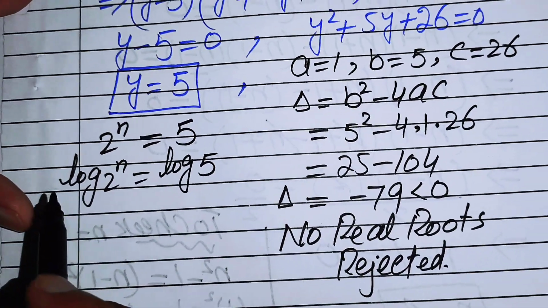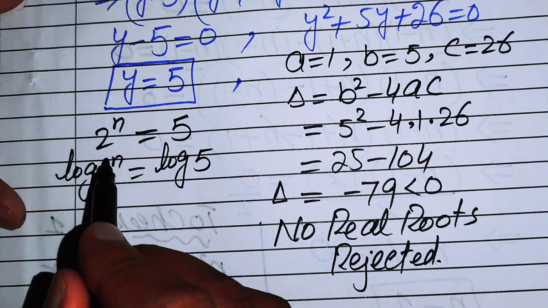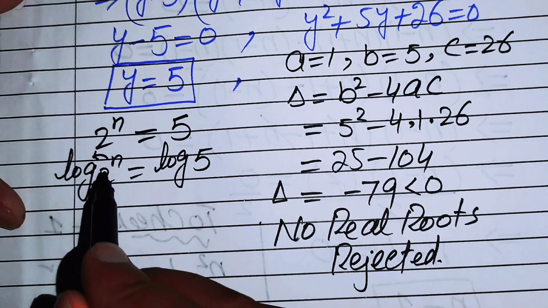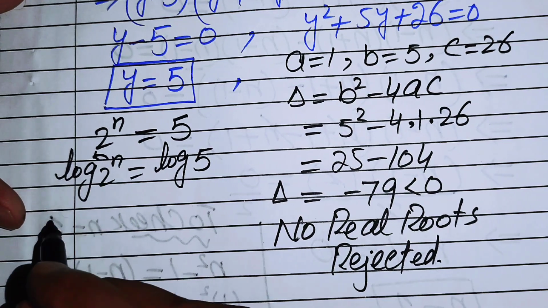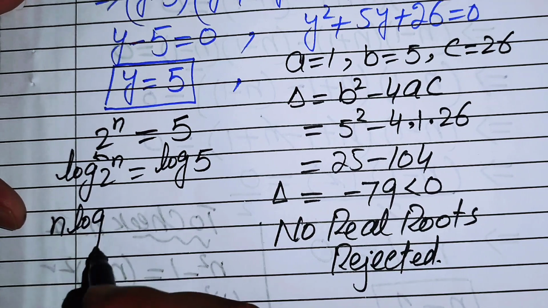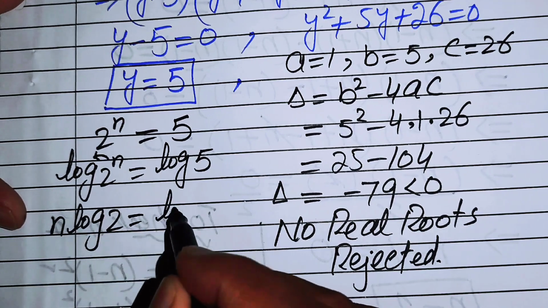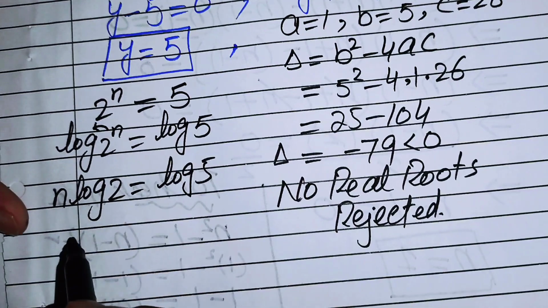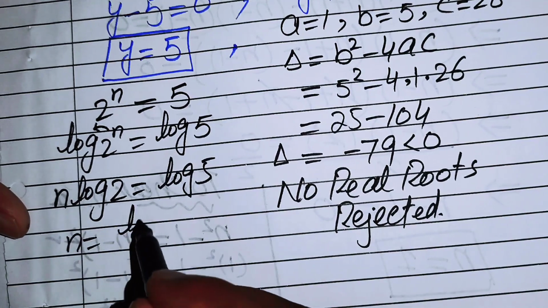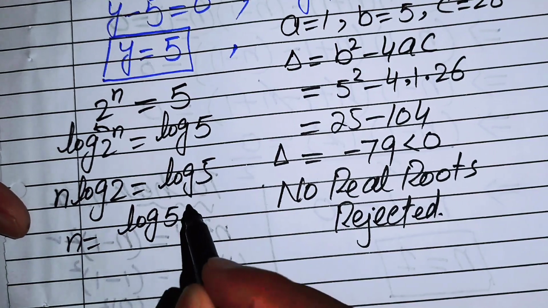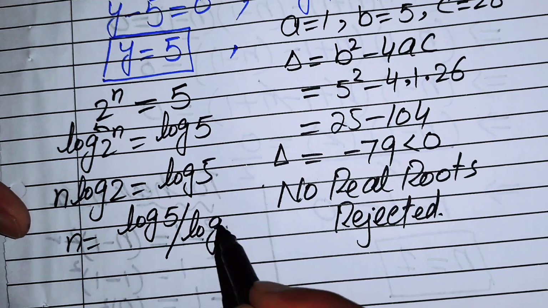Now we can use the property of logarithms, and we can bring this exponent in front of the log, and you get n times log 2 is equal to log 5. And here you have n is equal to log 5 over log 2.